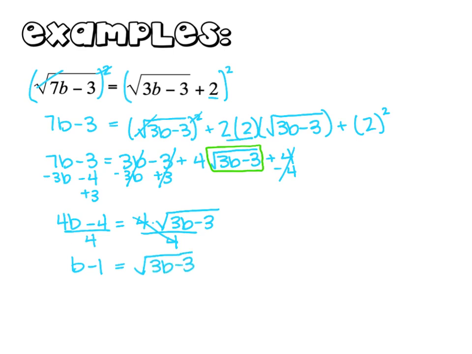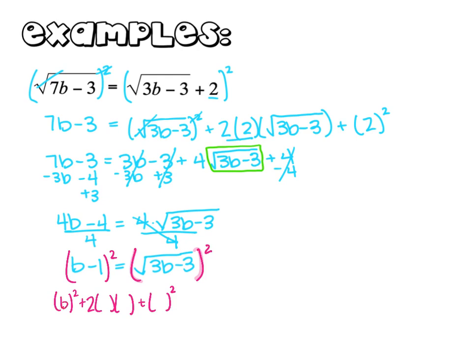And now I can undo this square root by squaring both sides. Right. B minus 1 squared. You could make a box off on the side again, or we could use that pattern that says the first part squared plus 2 times the first part times the second part plus the second part squared.